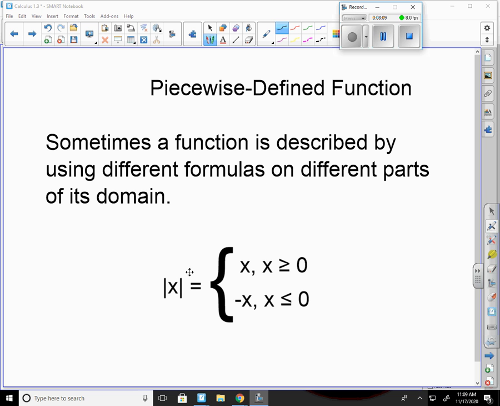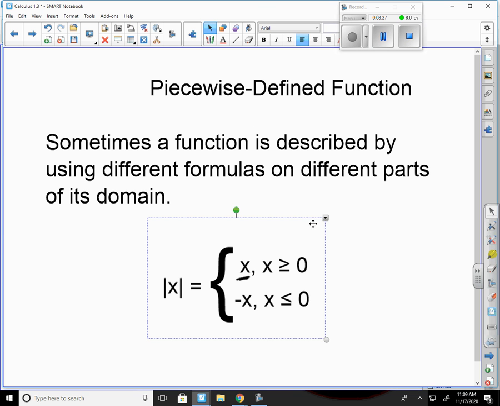So for an absolute value, I would use just x whenever x is greater than or equal to 0. And I would use negative x when x is less than 0. It's more correct.